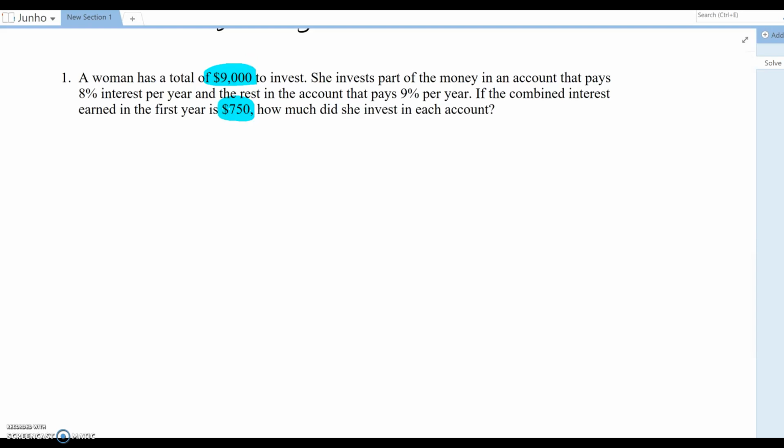So I'm going to set up one account as X, the other as Y. I don't know how much she put in the X account or the Y account, but obviously we know the total is 9,000, right? So let's set X at 8% and Y at 9%.